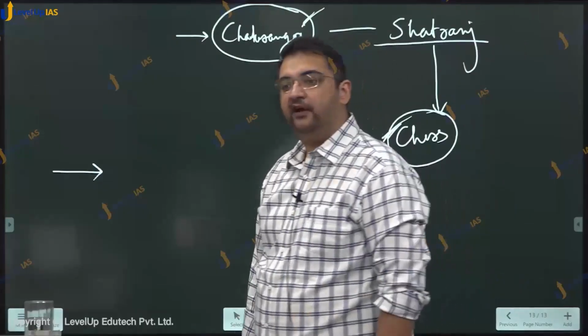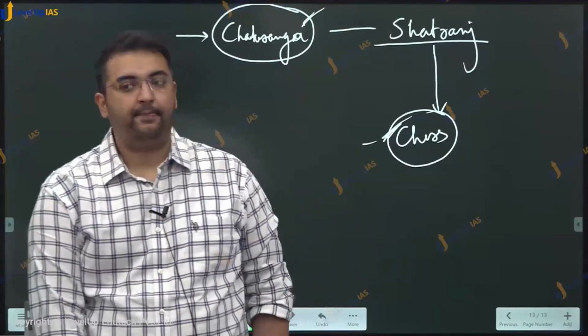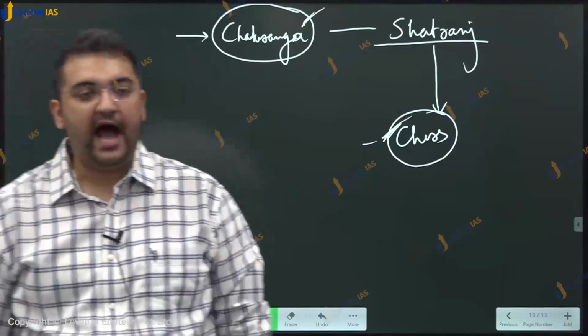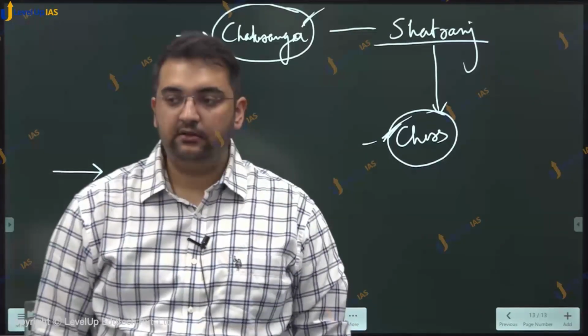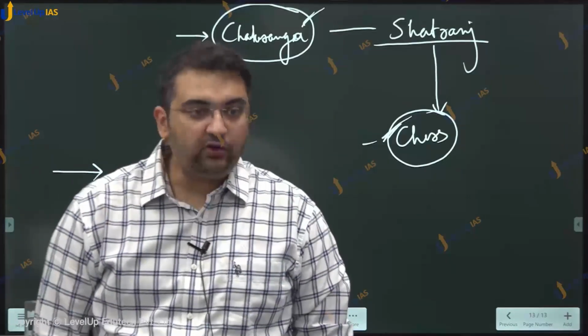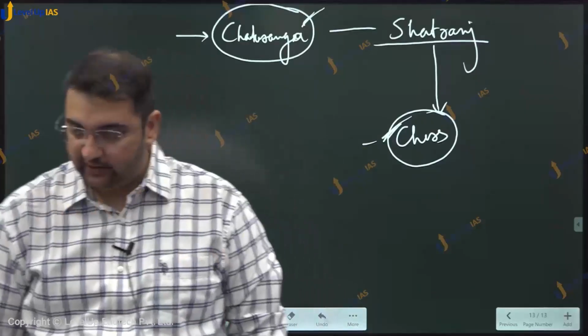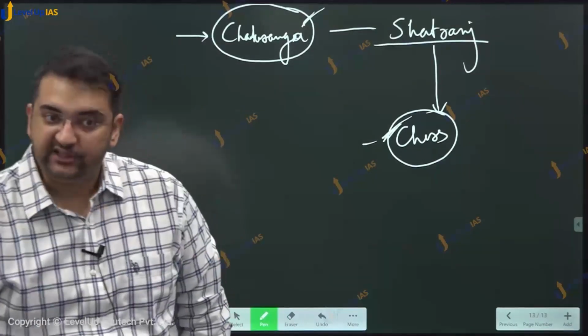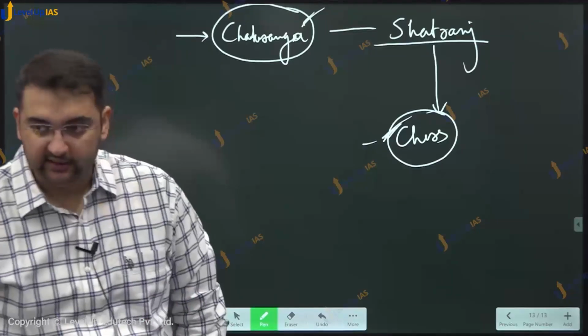Arabs were the first what? After their conquest of Sindh, Arabs became the first Islamic rulers in the entire subcontinent. Therefore, Islamic rule का earliest experiment इन्होंने conduct किया, right?